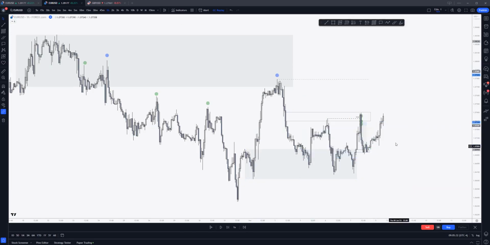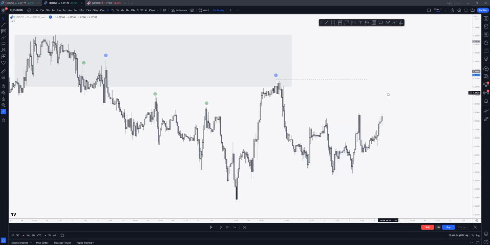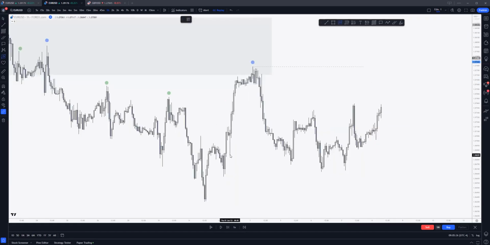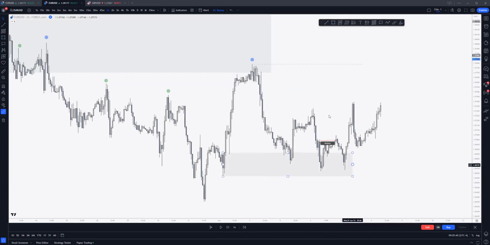I just made a mistake here. I saw this as liquidity and I was expecting price to move a bit lower before continuing higher. So I was looking here for the sells that day. And actually what happened is it just melted to the upside.